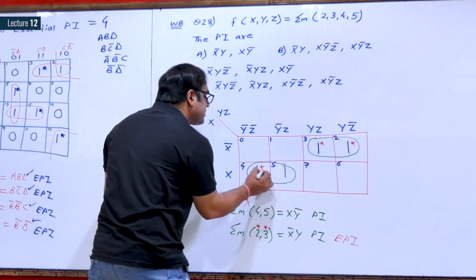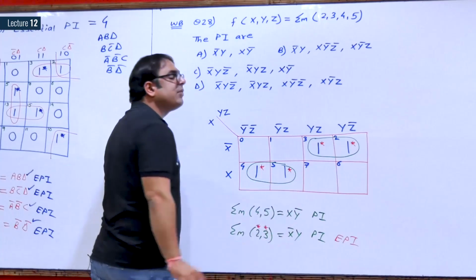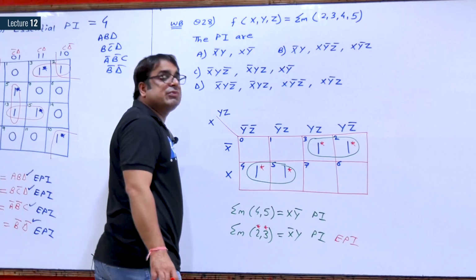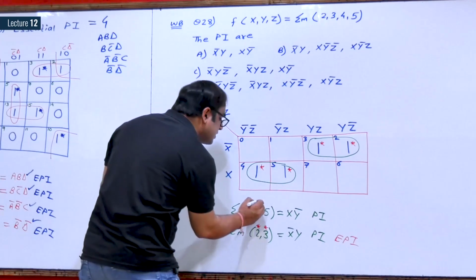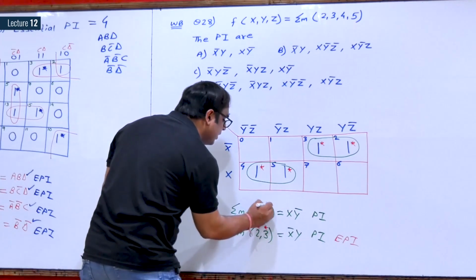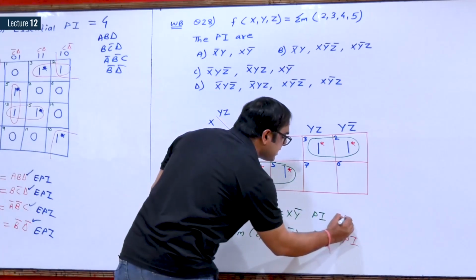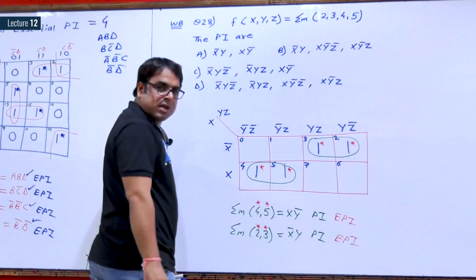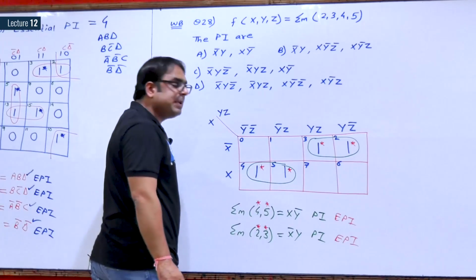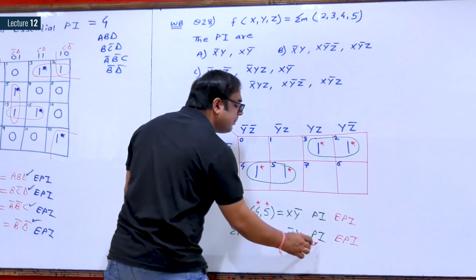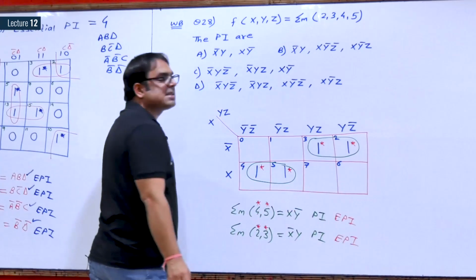Again you can notice minterm number 4 and minterm number 5 both have only one option. 4 has only one option, 5 has only one option. So this is an essential prime implicant. There are 2 prime implicants and both of them are essential.